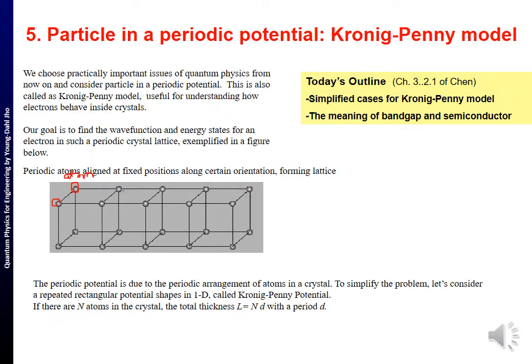Atoms are aligned at fixed positions along a certain orientation. So there are two different conditions here. Certain orientation means atoms are aligned along this direction.